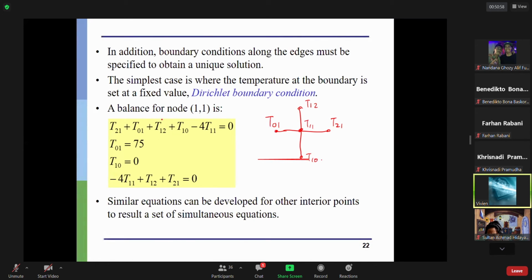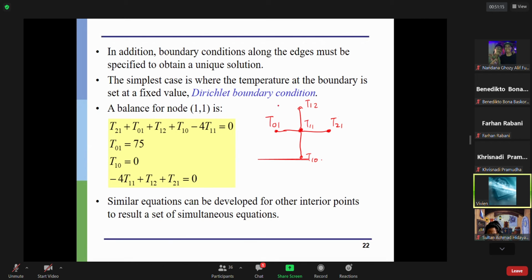So T21, the node on the right, plus the node on the left, plus the node on the top, plus the node at the bottom, minus 4 times T11, which is the point itself, will be equal to 0.